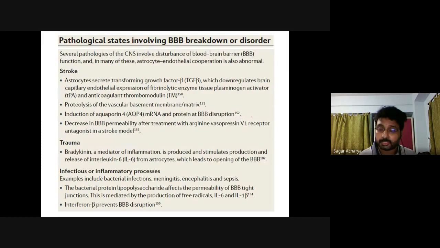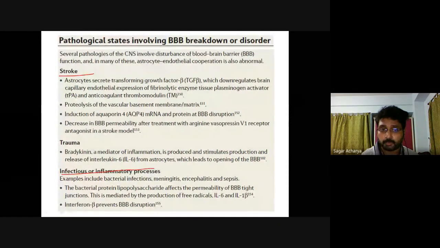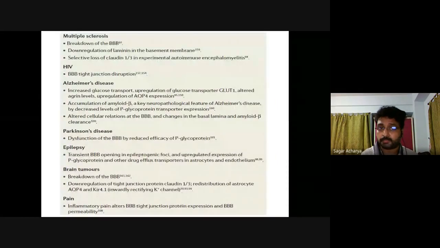So these barrier properties are fragile. They can be broken at any time by disorders such as stroke, trauma, and inflammatory disease, which is a major one, where apart from stroke, inflammation and infection are major ones, you can find these types of things.